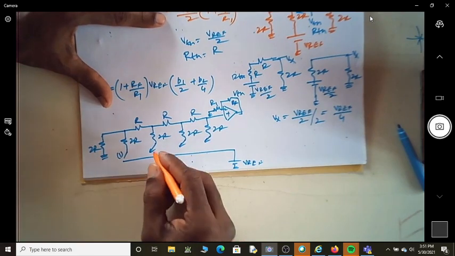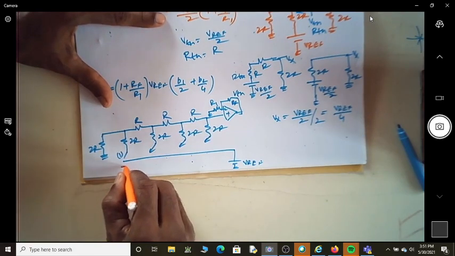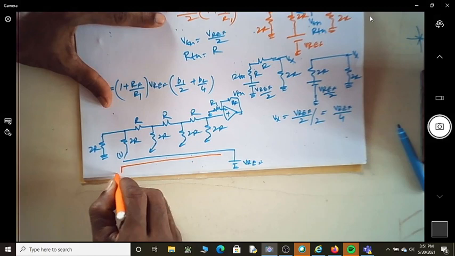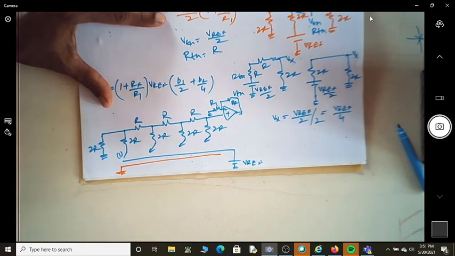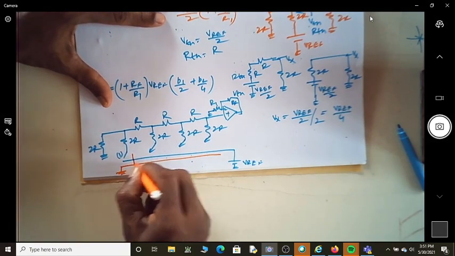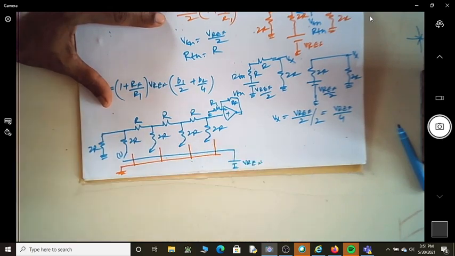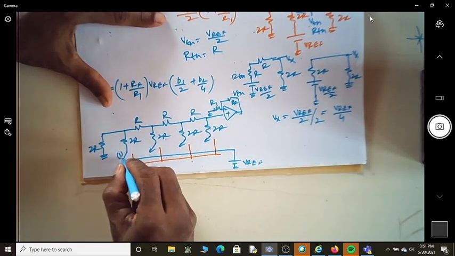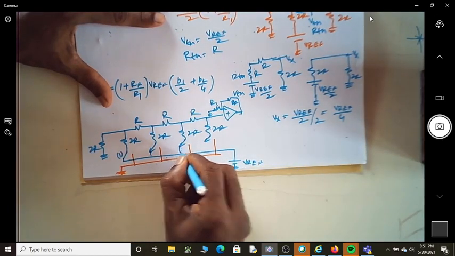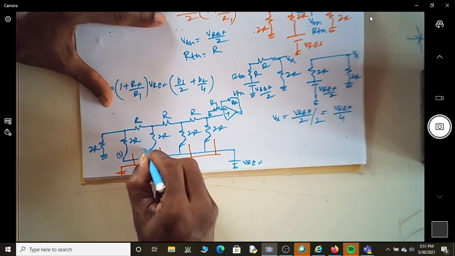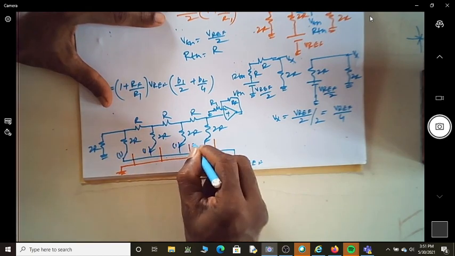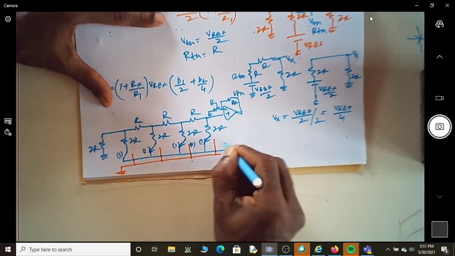Let me just write the ground here. So this is ground here, and this is V reference. This is logic 1. This is for 1. This is for 0.